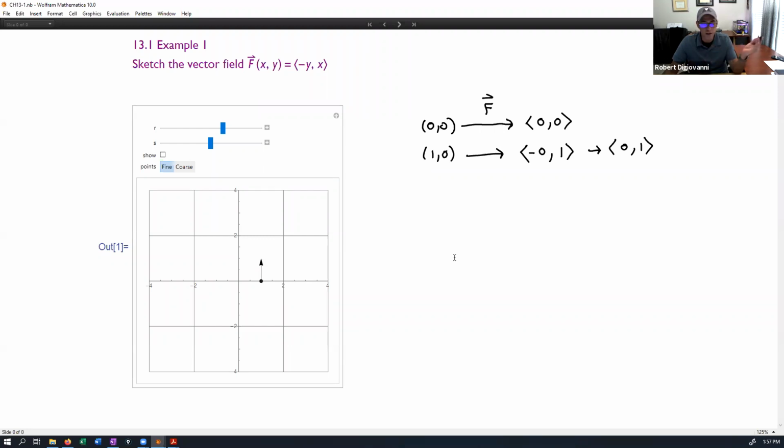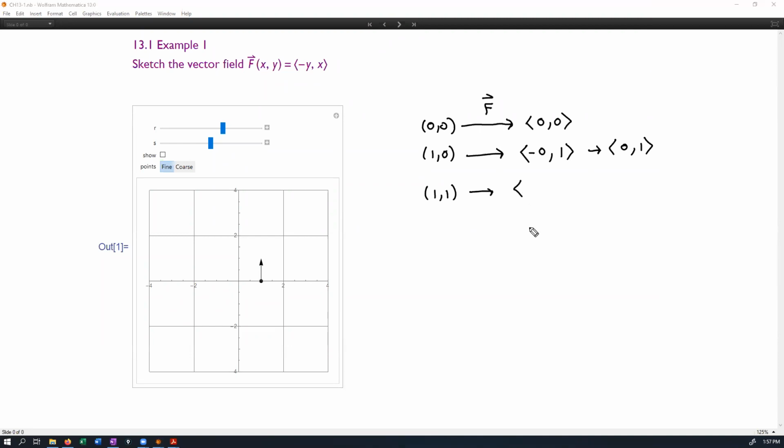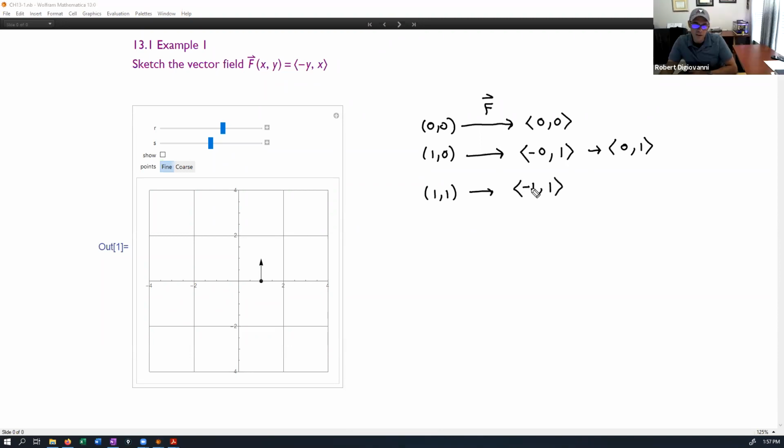I could do this for any point I want. Let's go to a more interesting point. How about the point 1, 1? If I do that, what vector gets spit out here? Negative 1, 1. And that means it's going to point to the left and up, right? Like to the left 1 and up 1. So let me move to that so you can see it.